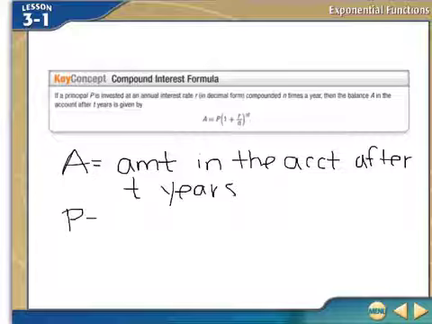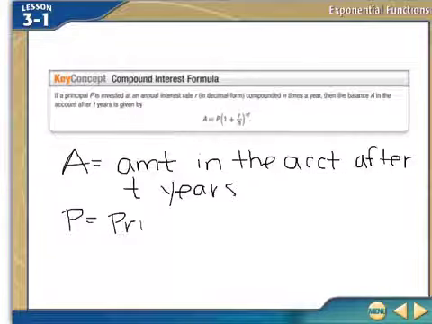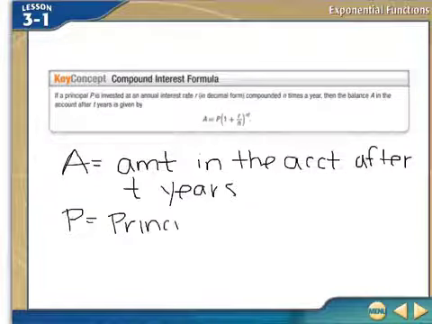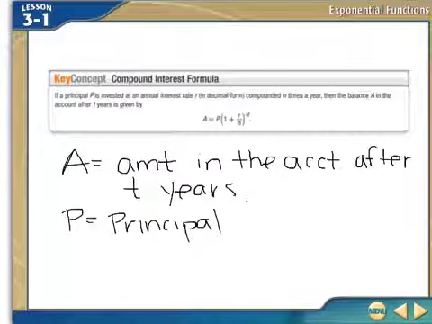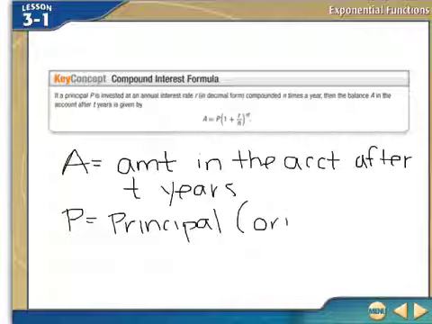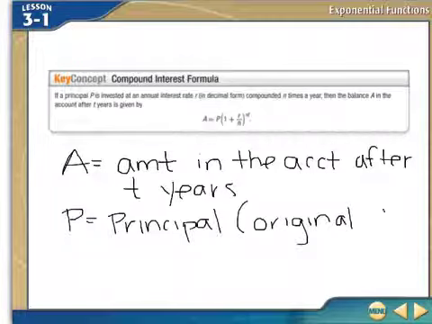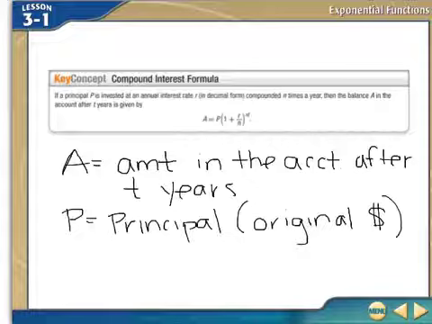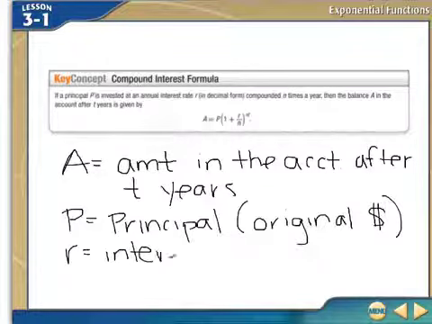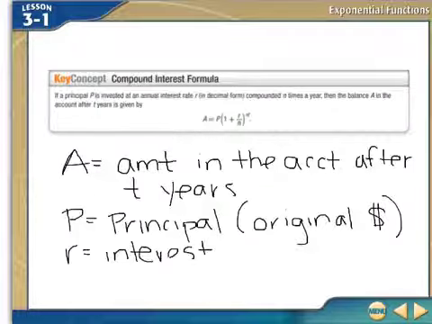P is the principal. The principal is the amount originally invested. We'll call it the original amount of money. And R is our interest rate, and it tells us to put in R in decimal form.